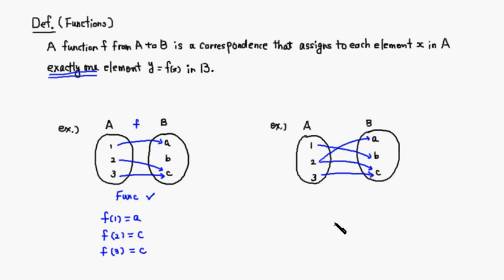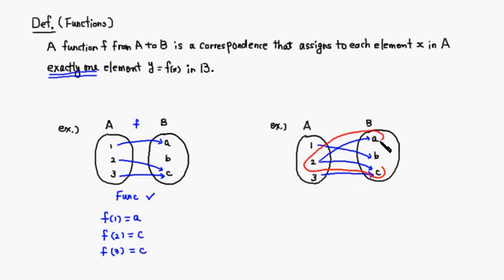How about this second example? 1 is mapped to B, 2 is actually mapped to A and C, and 3 is mapped to C. Does this diagram represent a function? The troublemaker is 2. You can see that 2 has two separate corresponding elements.